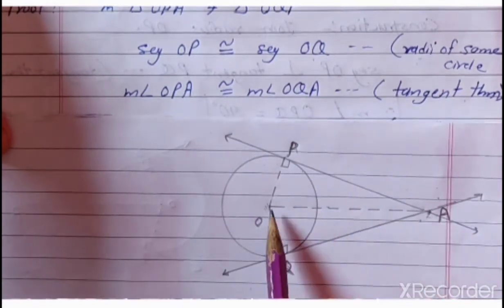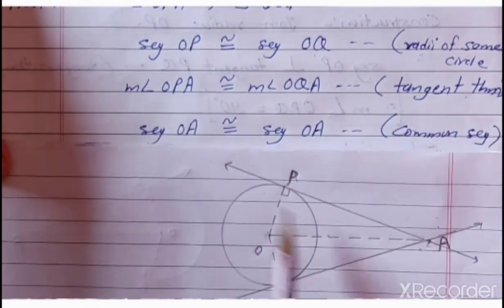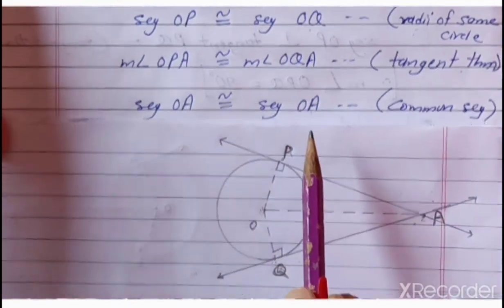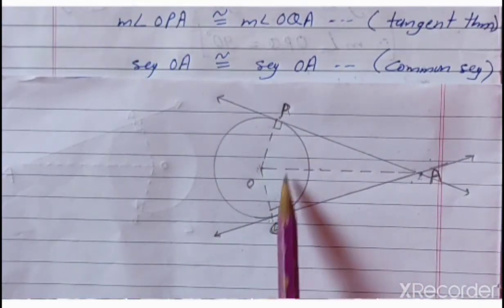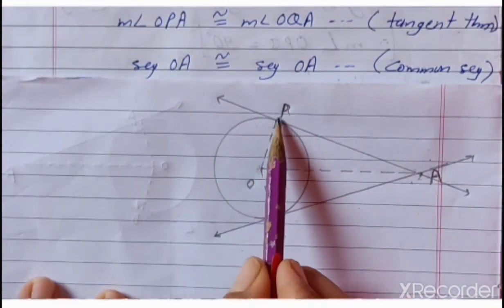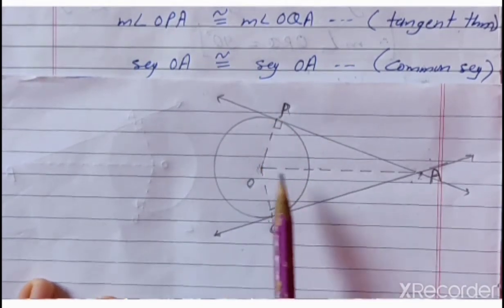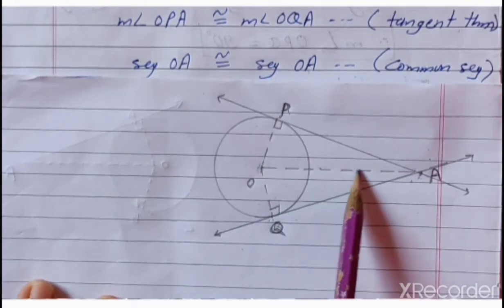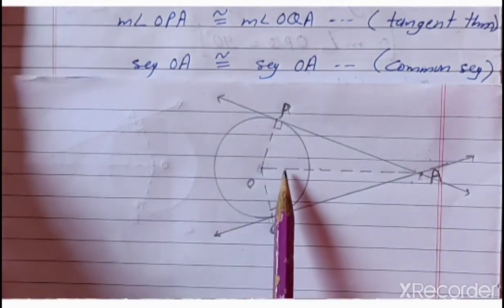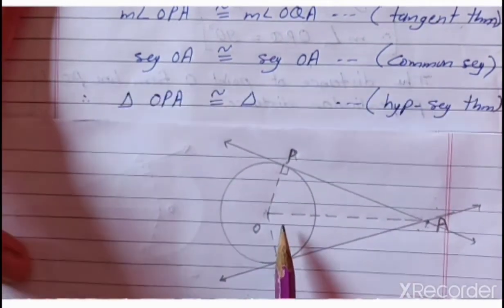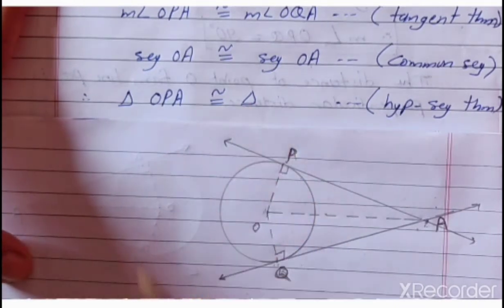Next I am using this common segment OA. So these two triangles are right angle triangles with congruent sides and congruent hypotenuse. So by the hypotenuse side theorem, these two triangles are congruent.